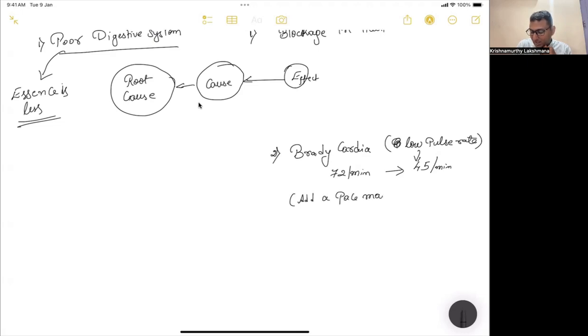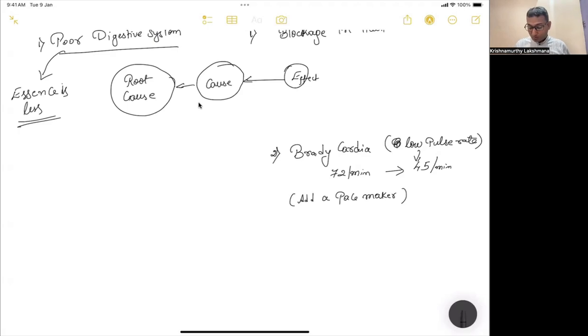What is the work of a pacemaker? To increase the pulse rate. So they will put one device near the heart. It will make the heart beat at the right pace. It will regulate the pulse rate. That is the solution offered by Western medicine.